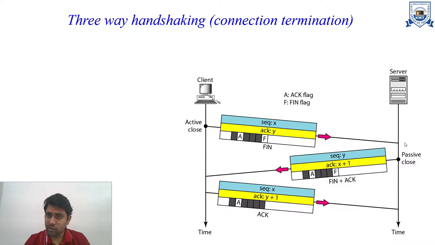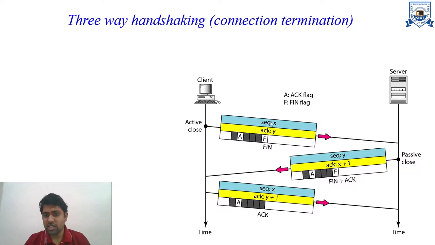Now the server will respond to this FIN. It acknowledges it, and it also has to set the FIN bit. It means the server is also ready to disconnect the connection. Whenever this is received at the client, the client will respond only for this FIN bit.